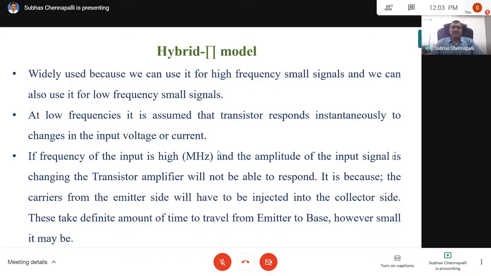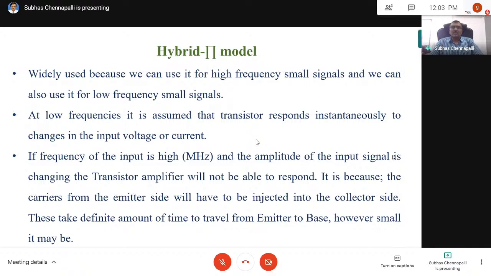Those junction capacitances will come into picture because the impedance of any capacitor is 1 by j omega C. When omega is low, its impedance is high. So in that case, just open them.